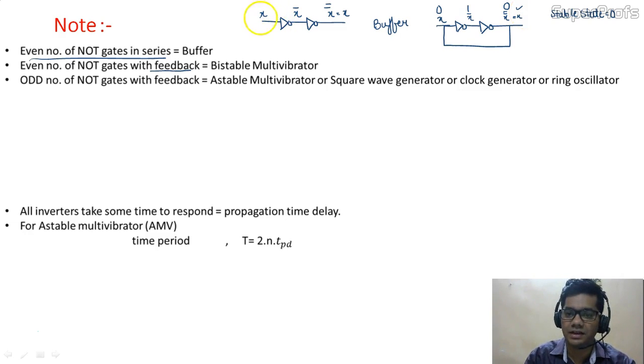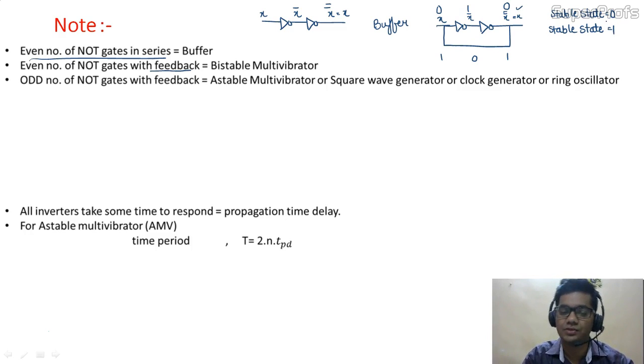Now if we give input as 1, the output from the first NOT gate would be 0 and the output from the second NOT gate would be 1. This 1 would get fed back again towards the input, and due to the stable nature, the other stable state would be 1. So we can see that there are two stable states, 0 and 1. Therefore, the name is bistable multivibrator.